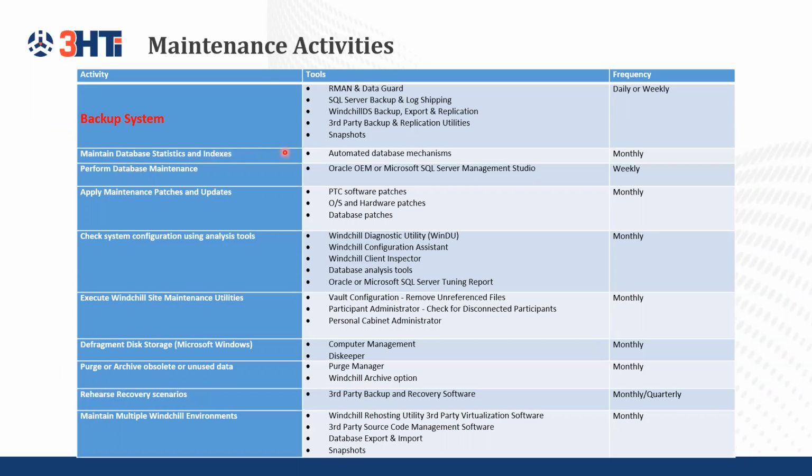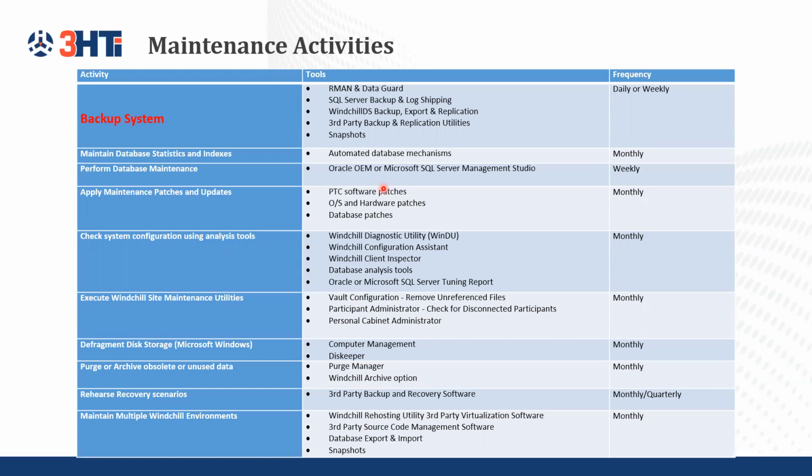So database maintenance, there's automated tools and also tools within like SQL Management Studio. Maintenance patches and updates. So these will come out periodically for Windchill. Those are the M releases, which stands for maintenance release. So like Windchill 11.1 M20, I believe is what that one's on right now.